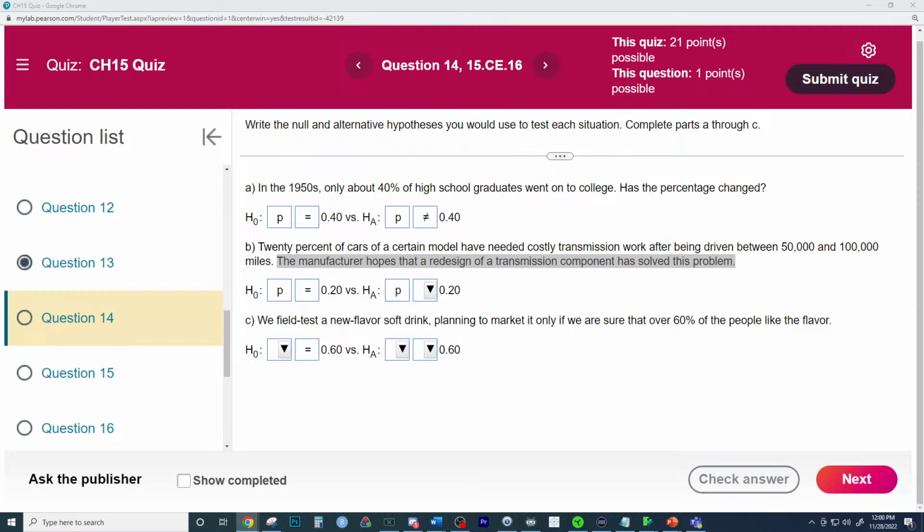The manufacturer is trying to show evidence of what here? Because maybe they're being sued and they said we've taken steps to fix this. We want to show evidence that we've done this. So what way does the alternative go right here? If they fixed it, what would happen to the proportion of cars that need the costly work?